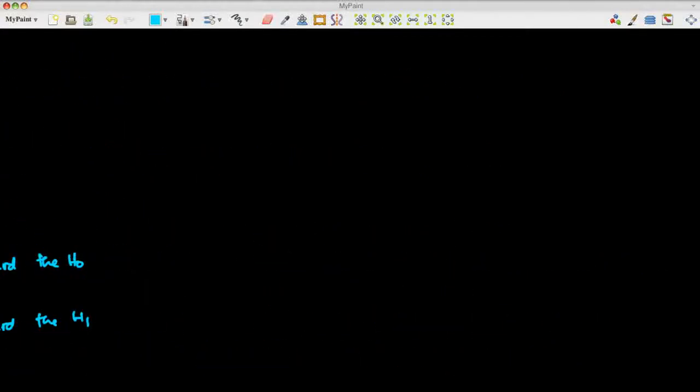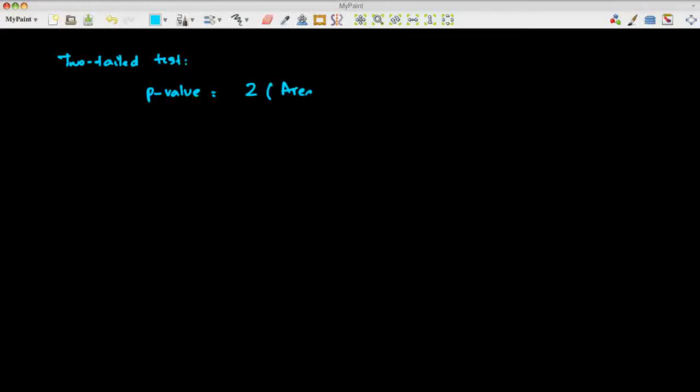P-value is dependent on the type of test. So for a two-tailed test, the p-value is 2 times the area above the absolute value of the test statistic.